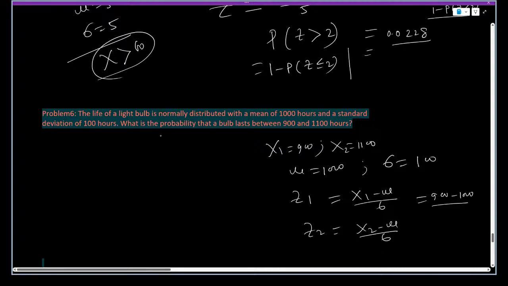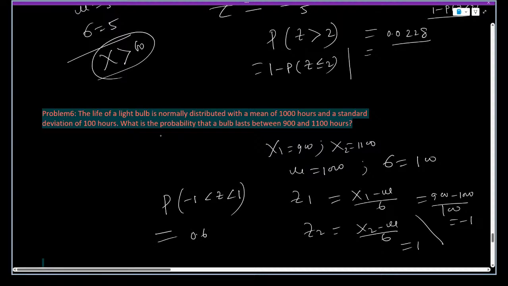900 minus 1000 by 100, whose value is minus 1, and this is coming 1 for a similar reason. By the Z table, you need to find P(minus 1 less than Z less than 1). Just go through the table.